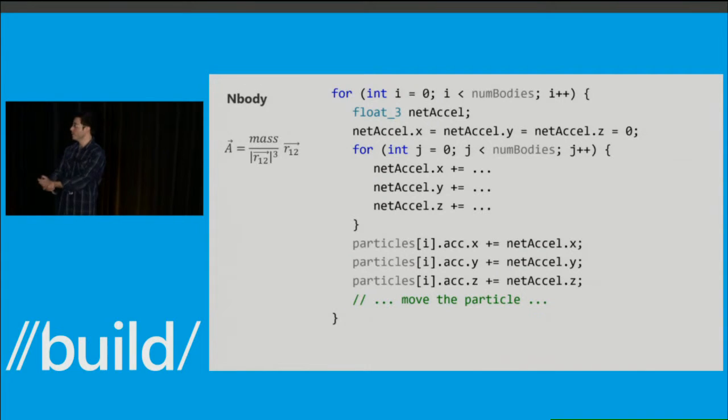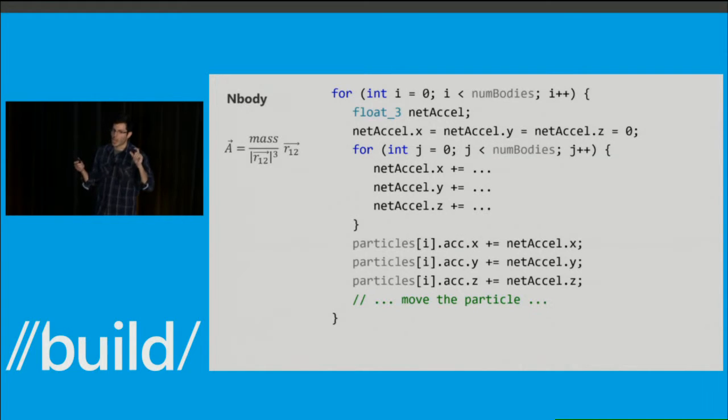So onto some code. The overall structure of this is a doubly nested for loop. There's for i equals 0, i is less than the number of bodies, 4096. Then innermost is the j loop, j equals 0, j is less than 4096. All we're doing is taking the ith particle, computing the net gravitational force of all of the other particles, all jth particles, and then using that information to move the ith particle.